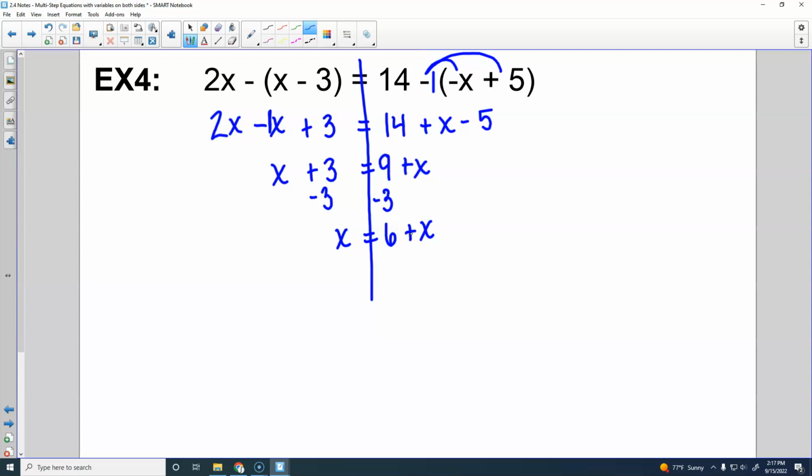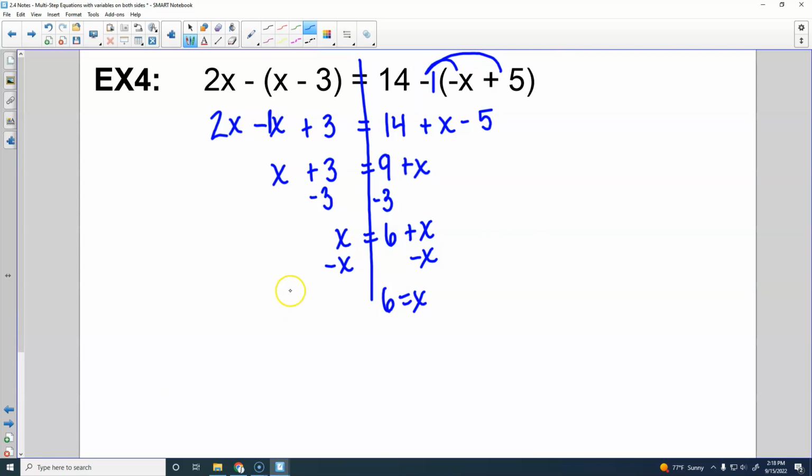But technically it could be done this way. Okay? So what I've done right here, I see kids do this all the time.